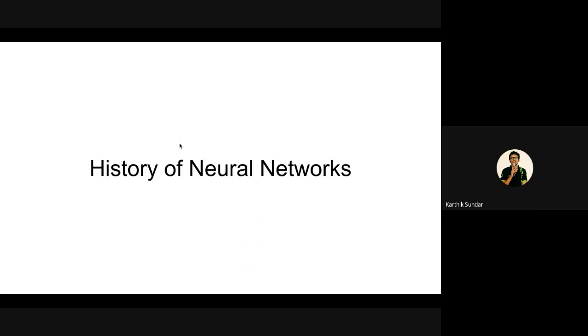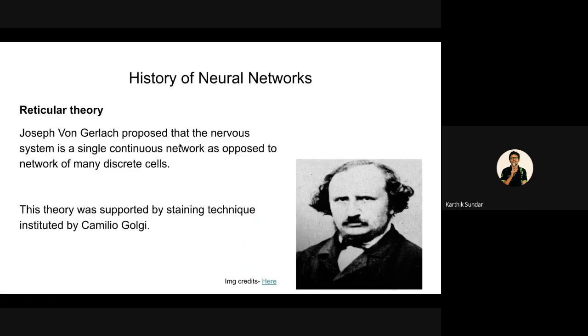Now let us go to the history of neural networks. Initially there will be some biology jargon, because we have to give credit to the early biologists for coming up with neural networks. So let's start. Joseph von Gerlach proposed that the nervous system in a human brain is a single continuous network, as opposed to a network of discrete cells.